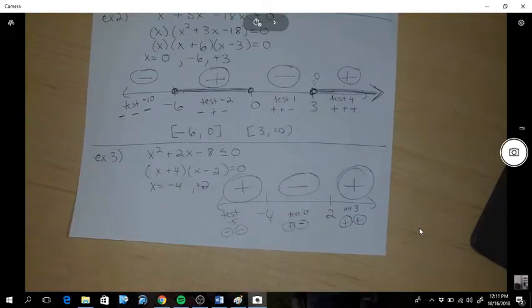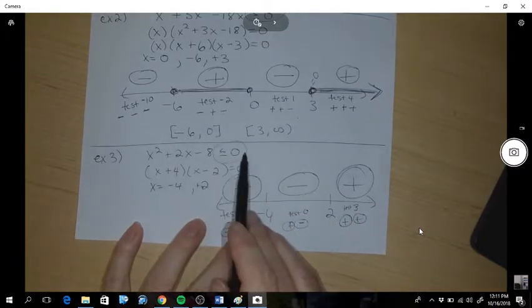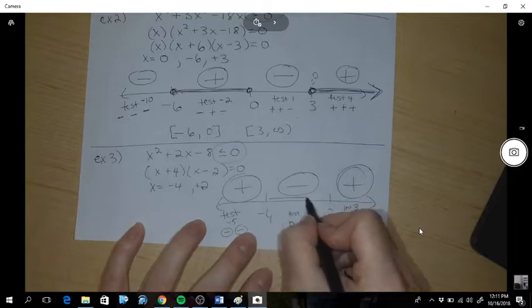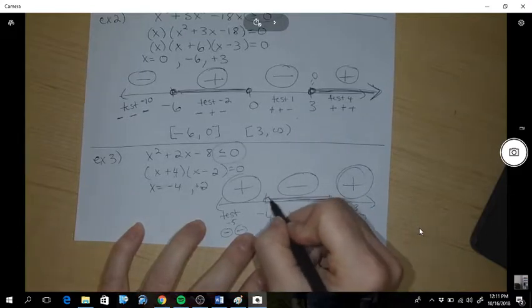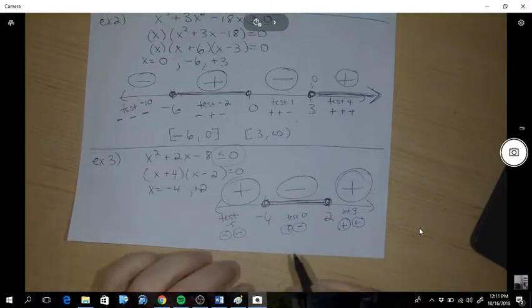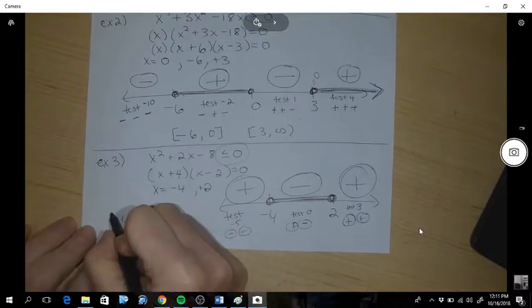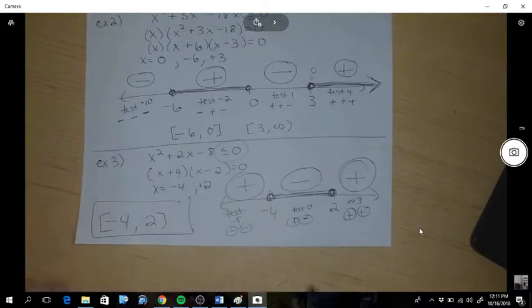Answer the question. Where did this end up being less than or equal to 0? So this region, including negative 4 and 2, because that's where they equal 0. So your solution is anything from negative 4 to positive 2.